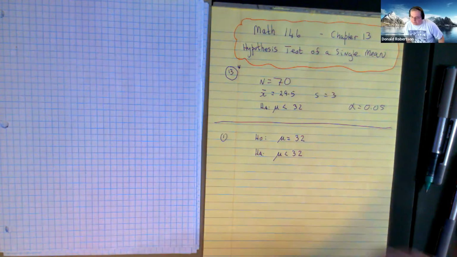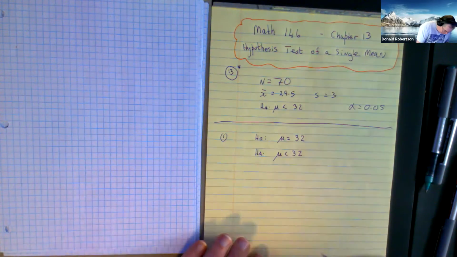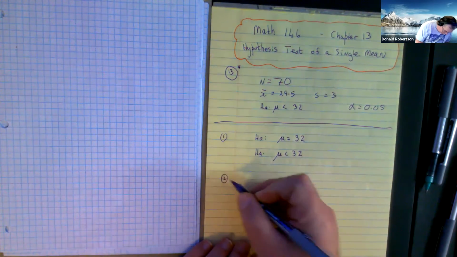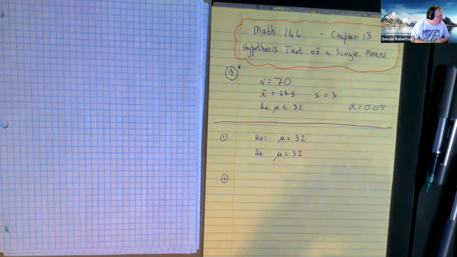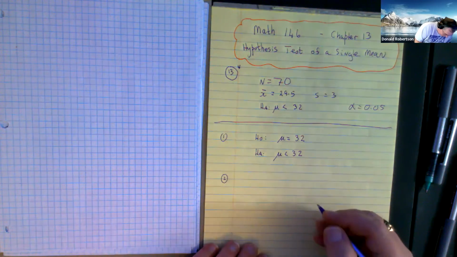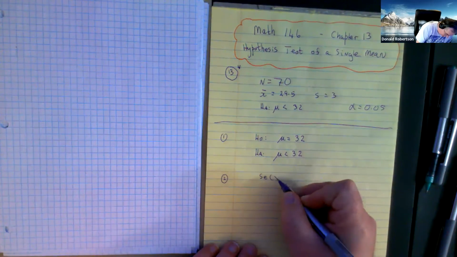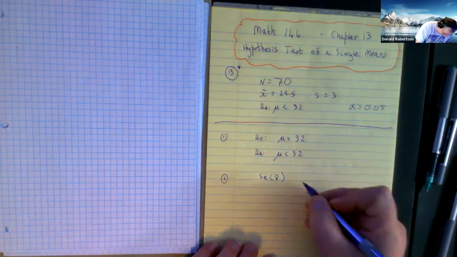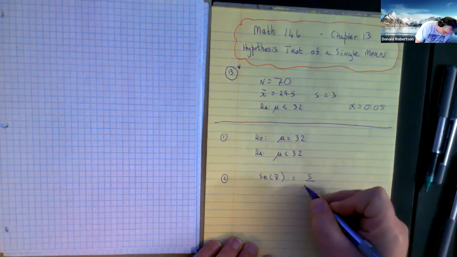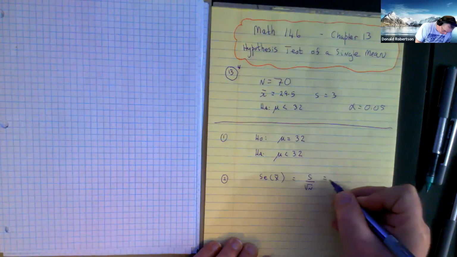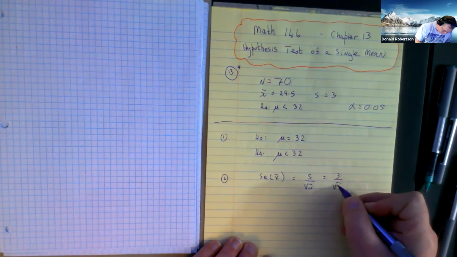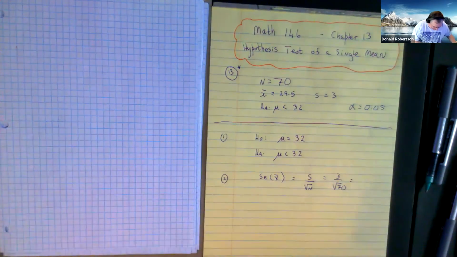Okay, that's pretty good. Next thing I'm going to do is get the test statistic, in this case the t-score. So that means I have to do a number of things. First thing I'm going to have to calculate is the standard error, which is 3 over the square root of 70.